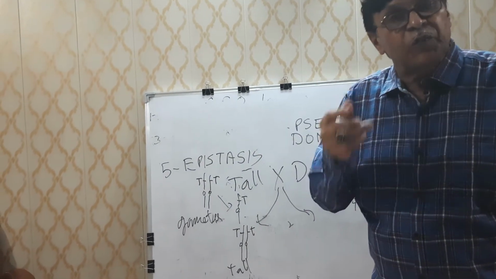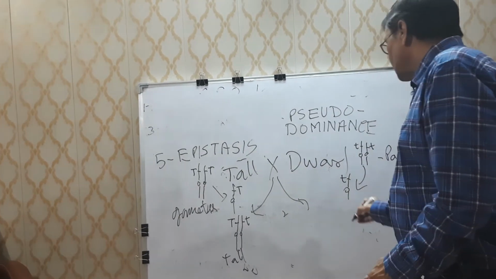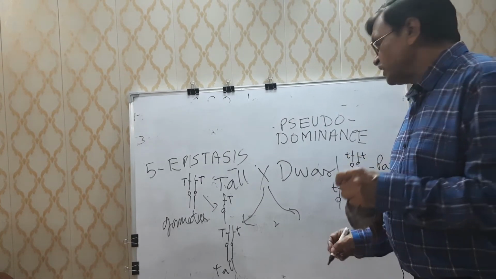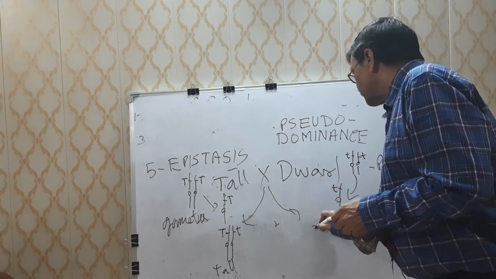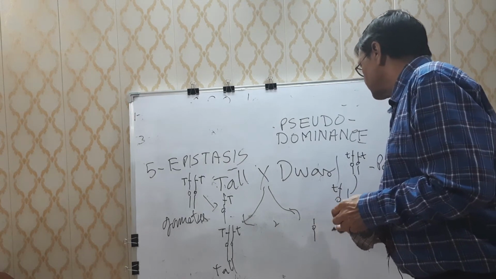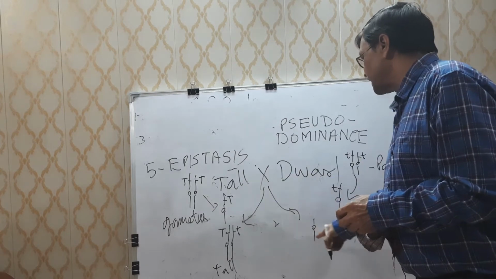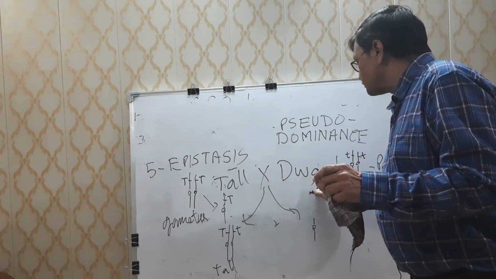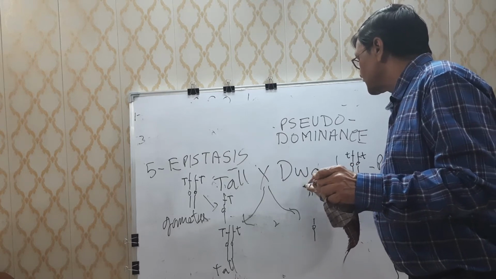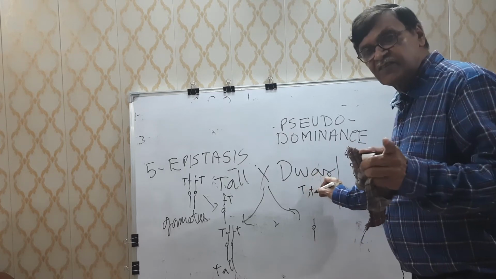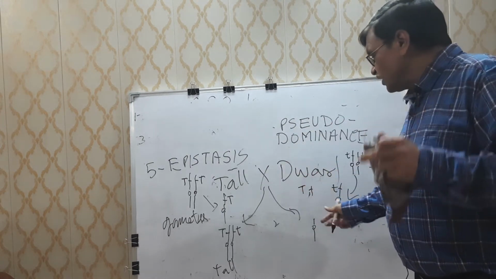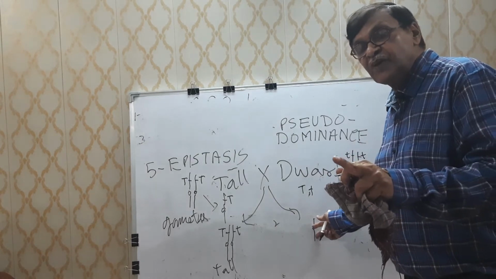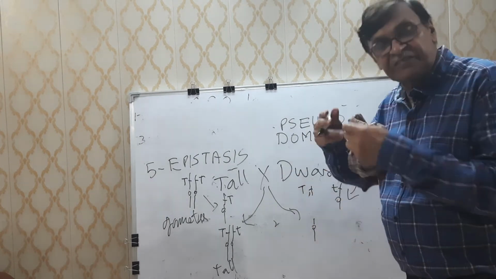But there may be one more possibility. Suppose at the time of cell division, this chromosome coming from the tall plant, that gene for capital T, for tallness, is lost, and the remaining chromosome contains no gene for tallness. So that gene becomes deficient.